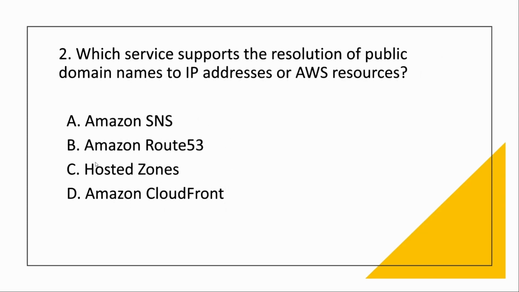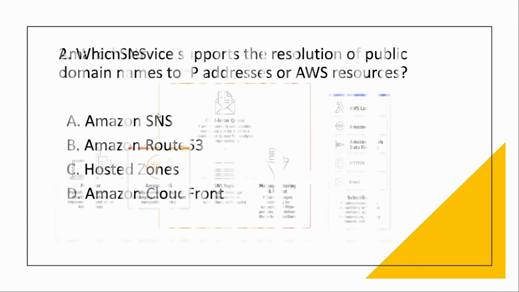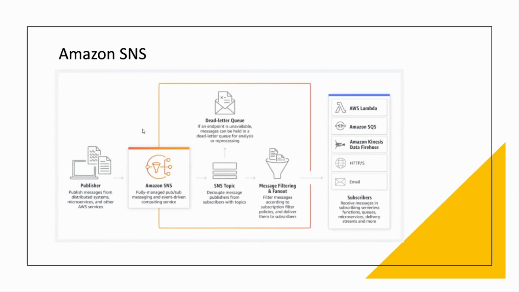Coming to next question. Which service supports resolution of public domains to IP addresses or AWS resources? Public domain names, the key word here. Public domain names to IP addresses. Now, what is SNS? SNS is a pub sub model of messaging. It's a notification service.